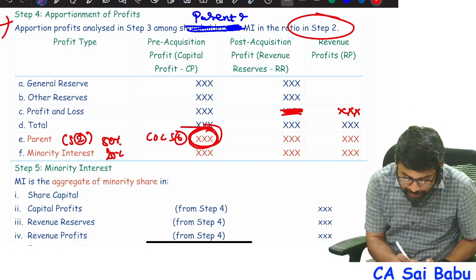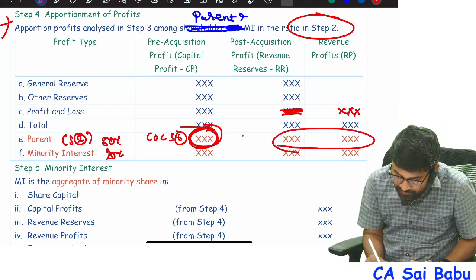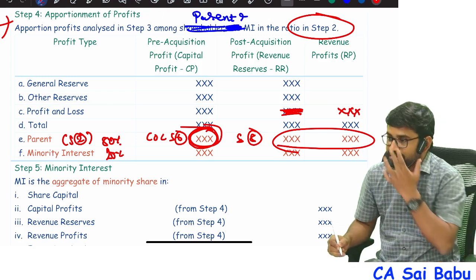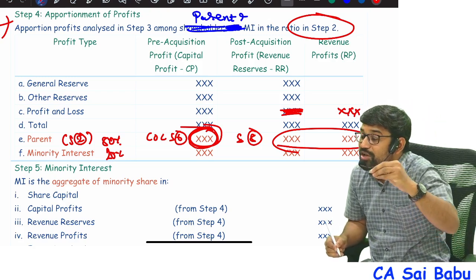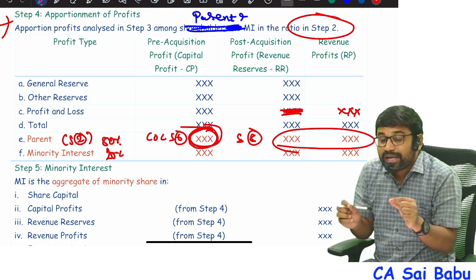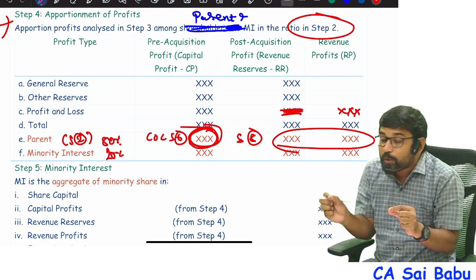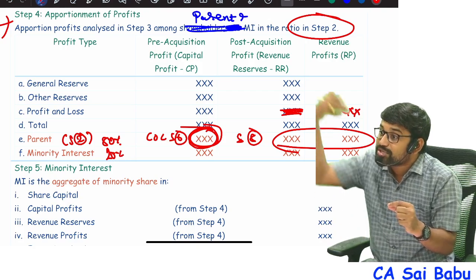What we need to do is add them to the parent company reserves in step number 8. In step number 8, when you are preparing the consolidated reserves of the balance sheet, the parent company share in the post acquisition profits of subsidiary company will be added to the consolidated reserves.